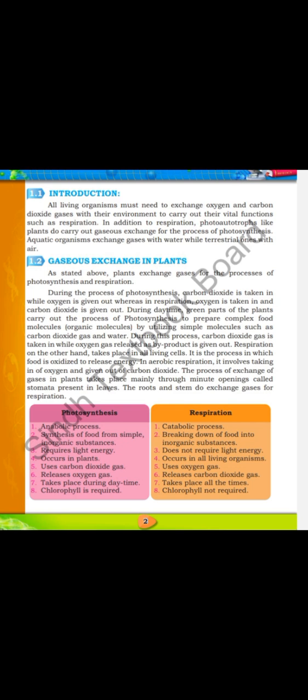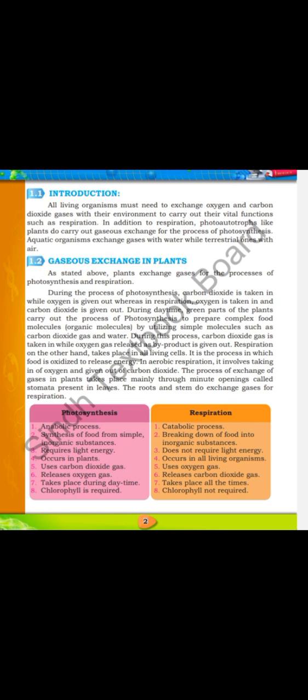And dear students, in animals, some live in water and are known as aquatic organisms, while some live in terrestrial environments. So both the habitats have their own way of gaseous exchange.